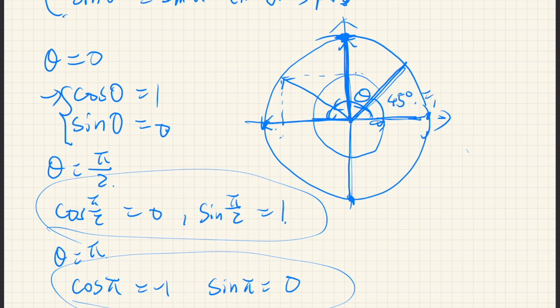That means pi over 4. What is cosine pi over 4 and sine pi over 4? You can guess from this figure. Okay, because this is the unit circle, the length is 1. Because it's 45 degrees, this length and this length should be the same. So from that, maybe you can guess.